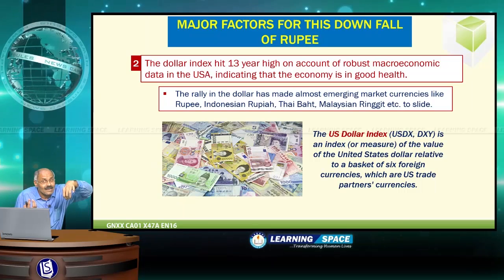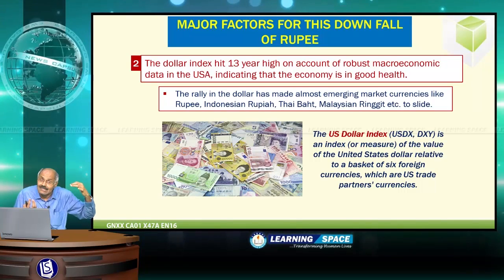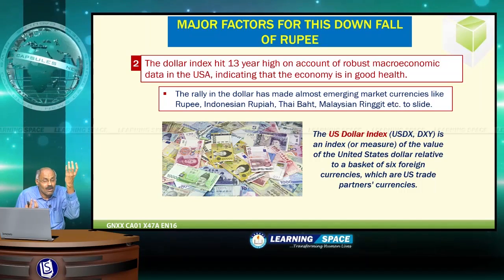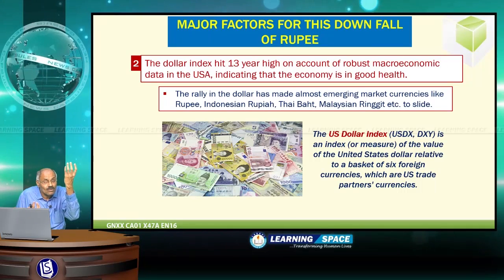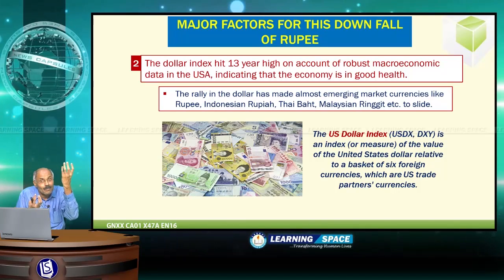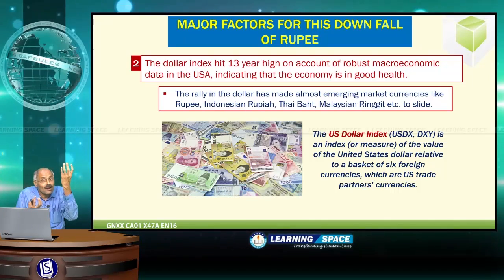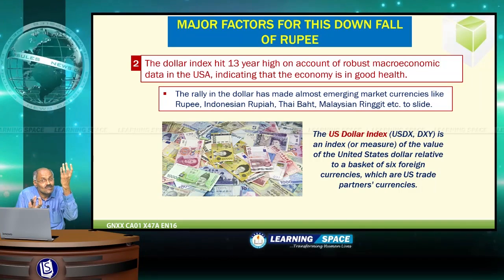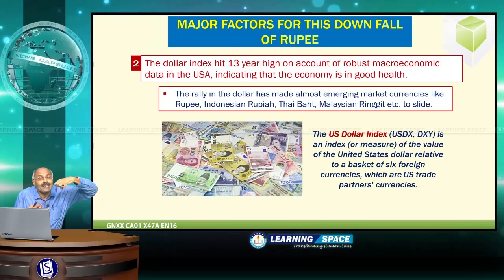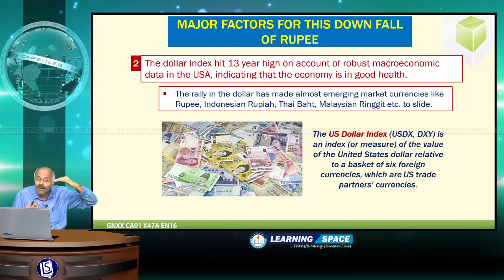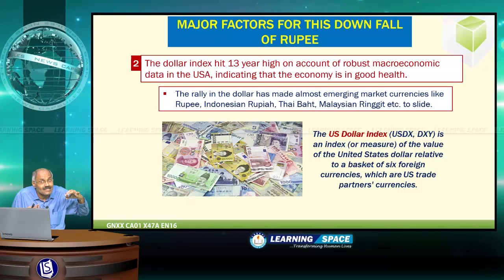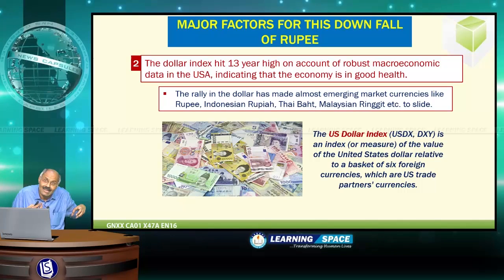Please understand clearly, the dollar index is the index, that means it is United States dollar with reference to 6 major currencies, and these 6 major currencies are US trade partners. So, if the dollar index is more than 100, it indicates dollar gain. If the dollar index is less than 100, it indicates dollar lost its value in comparison to 6 currencies.